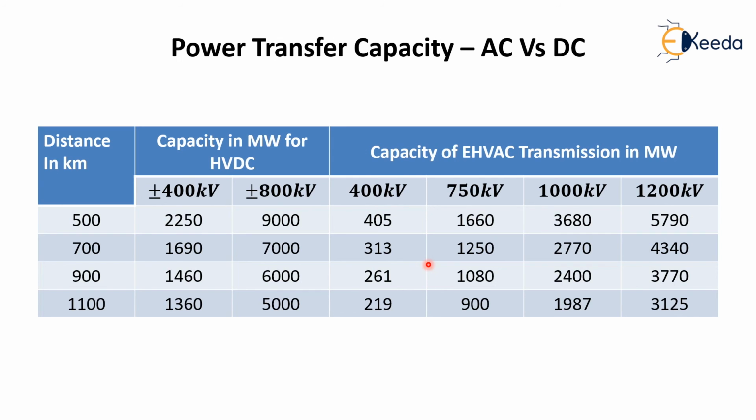That is what we have seen with the help of a graph. We have also discussed that the losses in AC lines are comparatively higher than the losses in DC lines. And we have discussed many technical performances of the DC transmission system like voltage profiles, stability, and other factors. We will discuss all those things in detail in the upcoming videos.